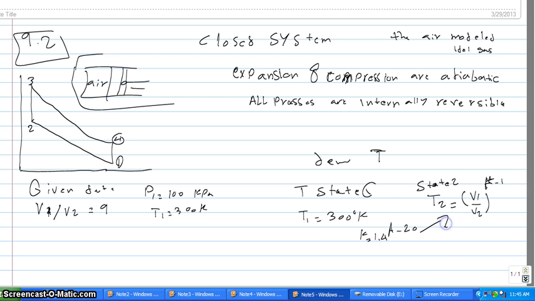So we plug this into the equation: T2 equals 9 to the power of 1.4 minus 1 over 1.4, multiplied by T1, which is 300. We get T2 equal to 722.47 Kelvin.